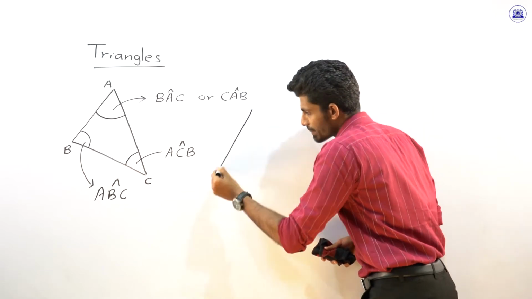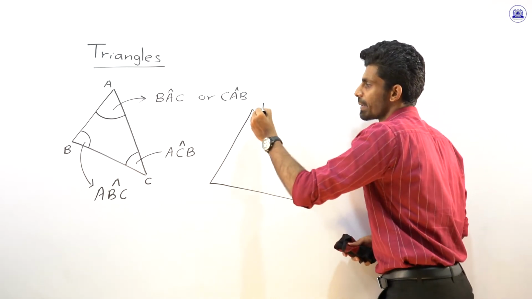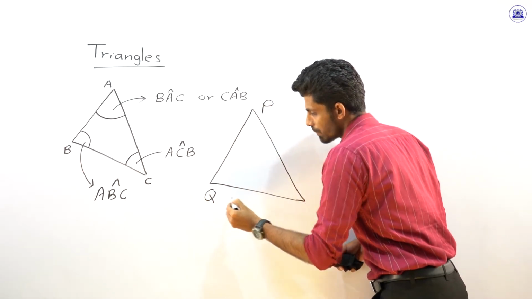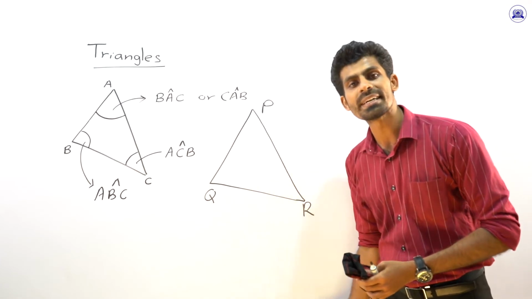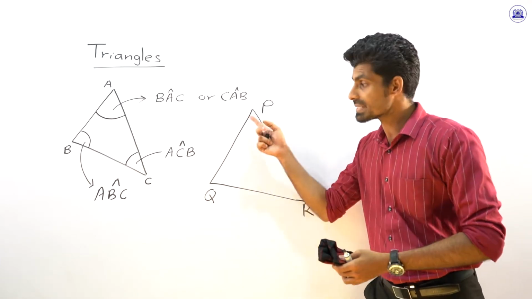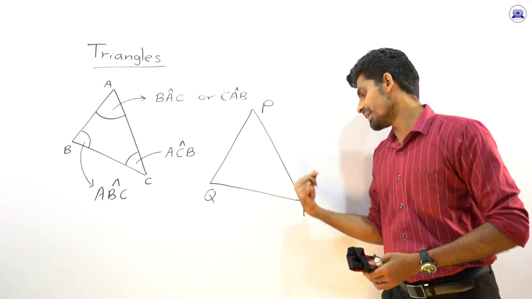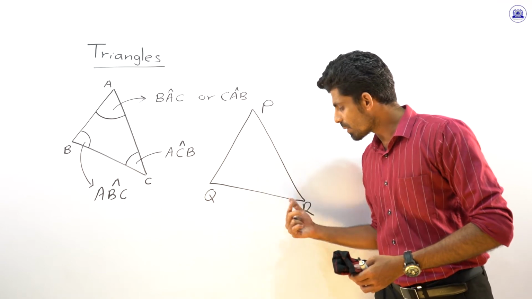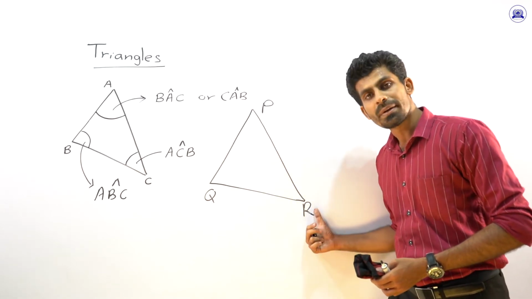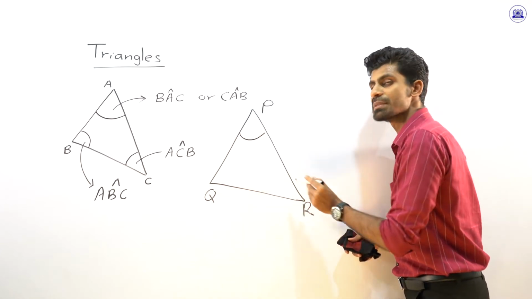Let's see another example. I'm just taking triangle PQR. You can clearly see that it is a triangle. The sides are PQ, QR and PR. Now let's quickly name the angles with me.